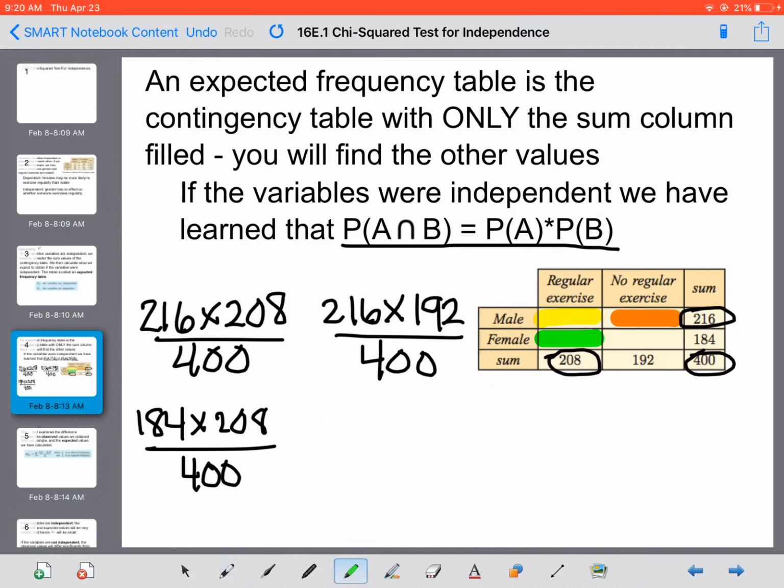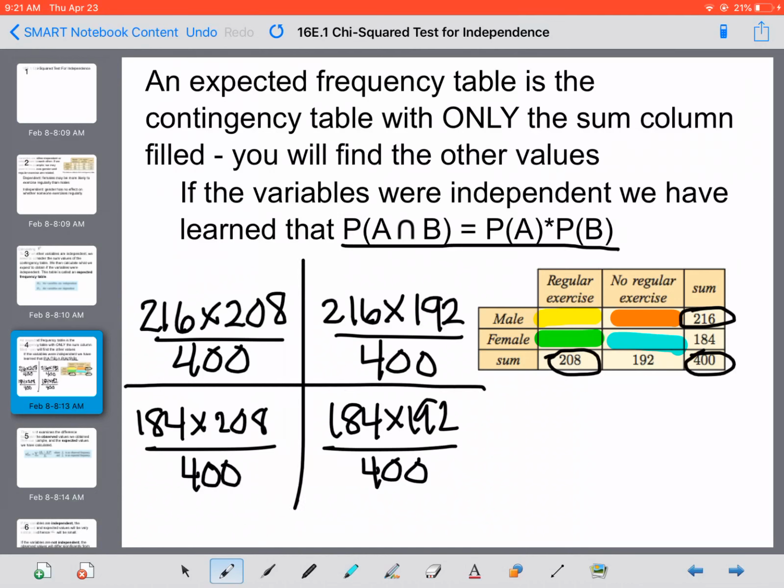And then the last one, our blue, is going to be total female of 184 times total of no exercise is 192, and you divide that by 400. So when you do that, you end up getting, for each of those, what we would call an expected value. And that expected value is going to be helpful when we go and find our chi-squared test for independence on whether or not they are independent of each other.